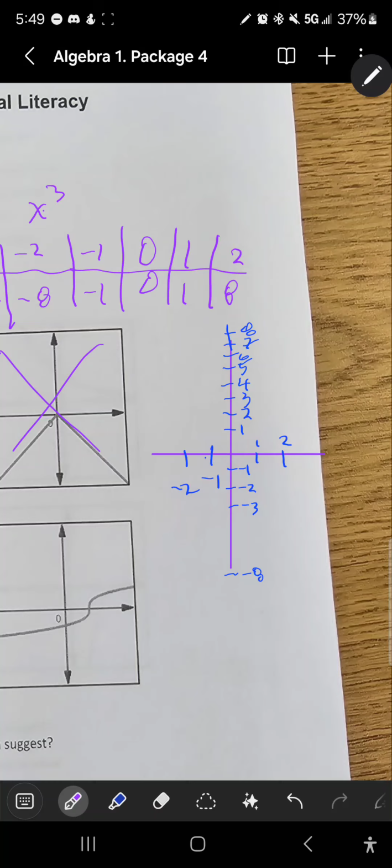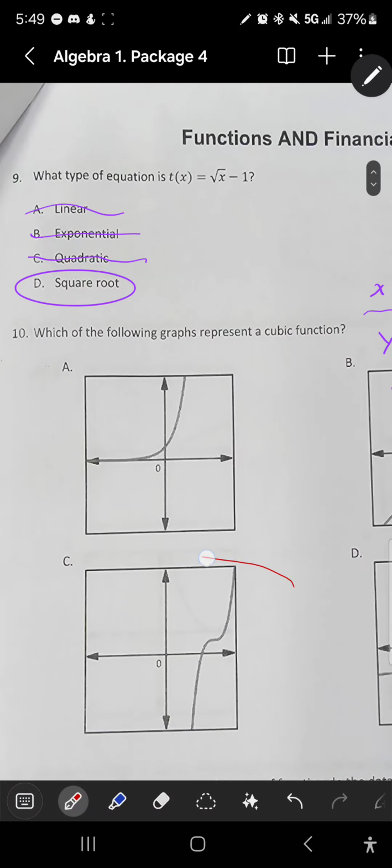Now, we plug in the values. We have 2 and -8. So here. Wait, let me use another color. -2, -8. -1, -1. 0, 0 and 1, 1. 2 and 8. So as you can see, it's something like this. And now, this is exactly the same figure you see here.